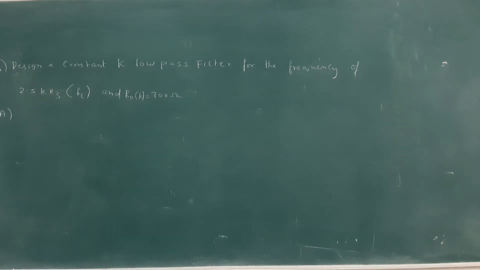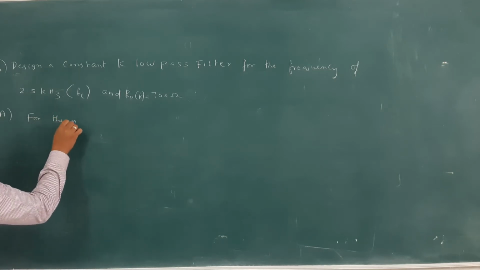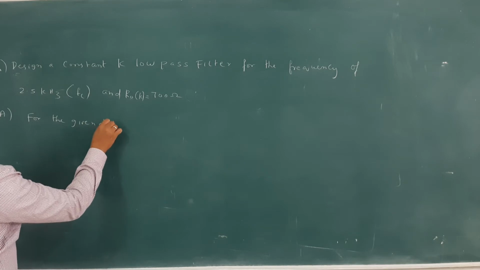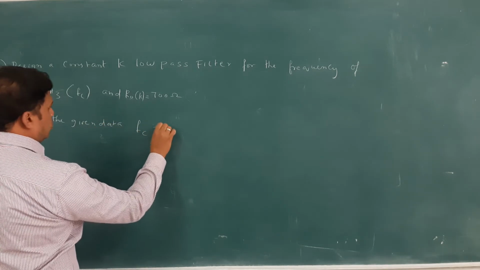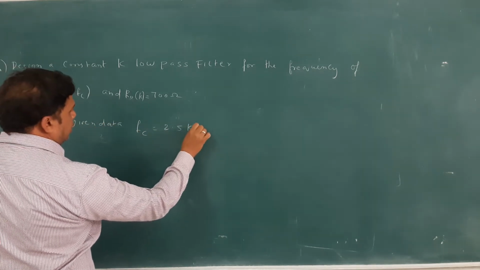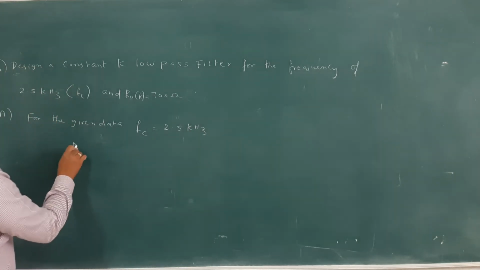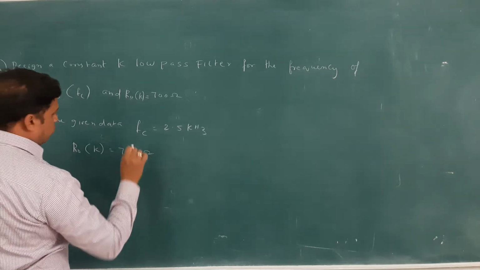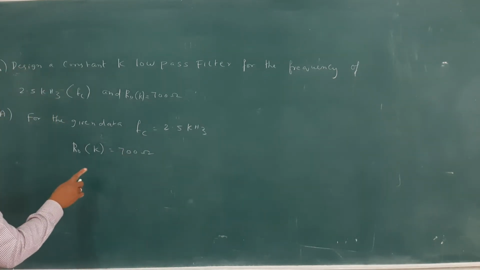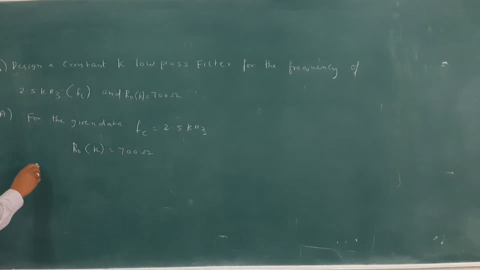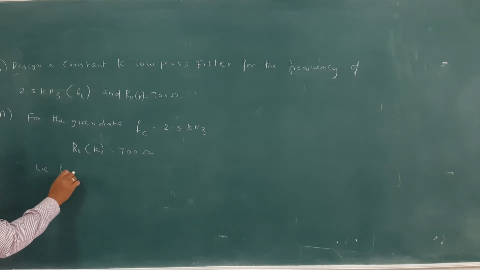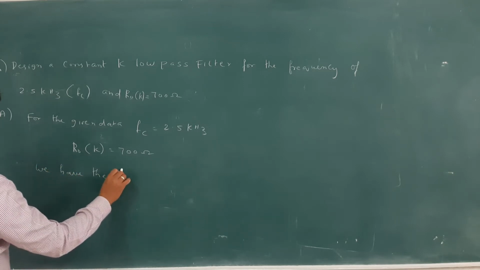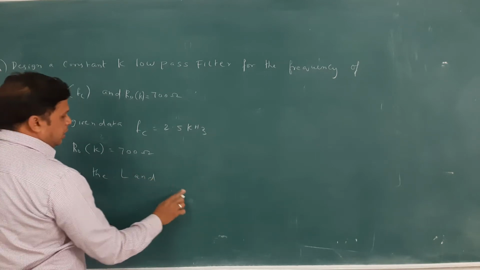So, we can write the formulas based on this, that is for the given data. First you will write the given data. What is the given data now? Fc is equal to 2.5 kilohertz and R0 or K is equal to 700 ohms. So, based upon this data, we have to write the L and C relations, L and C equations.